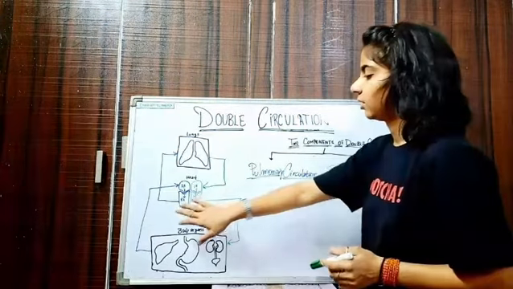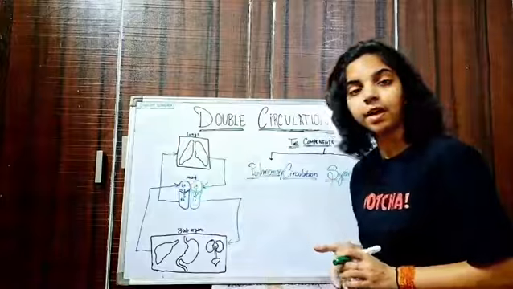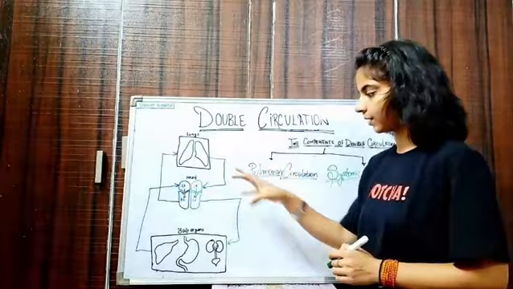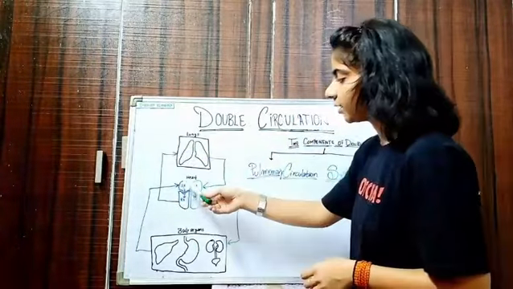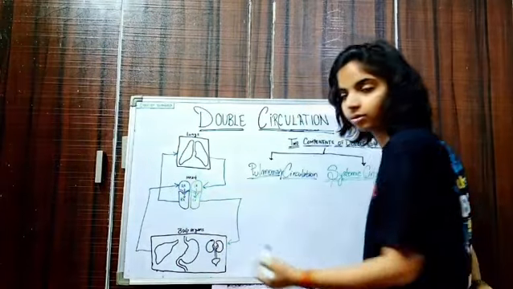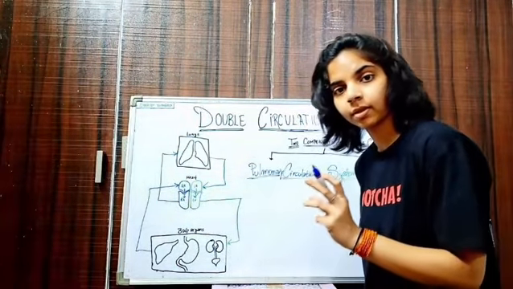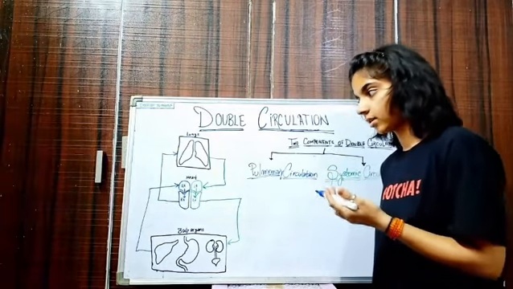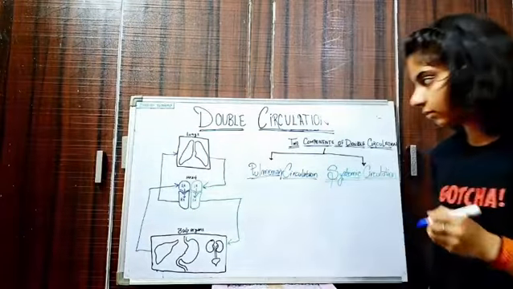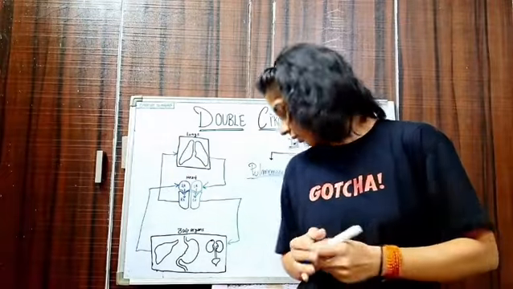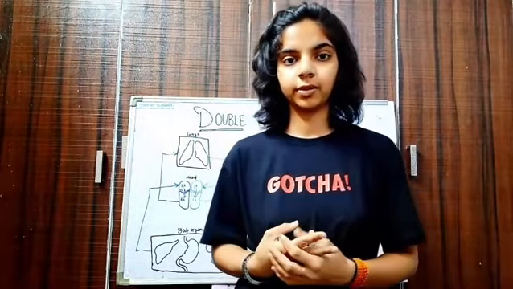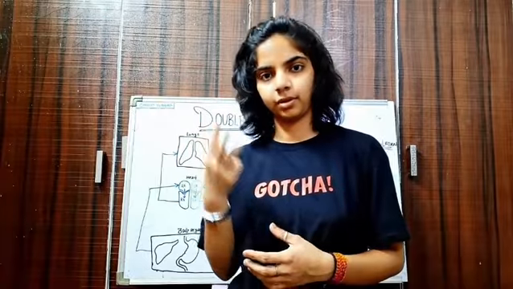Now some specific vessels and passages are present to carry this oxygenated and deoxygenated blood to specific locations. Like the right atrium carries the deoxygenated blood; the blood is transferred from body organs to the heart. Then which vein or artery carries the deoxygenated blood? Just understand one more thing: do you know about blood vessels? There are three types of blood vessels: arteries, veins and capillaries.